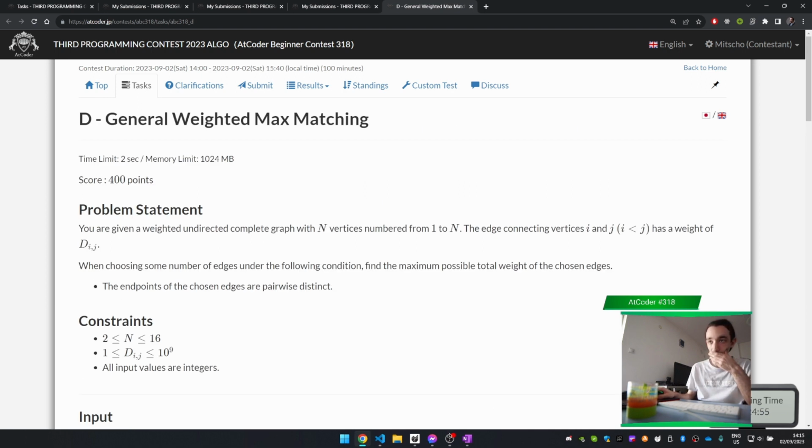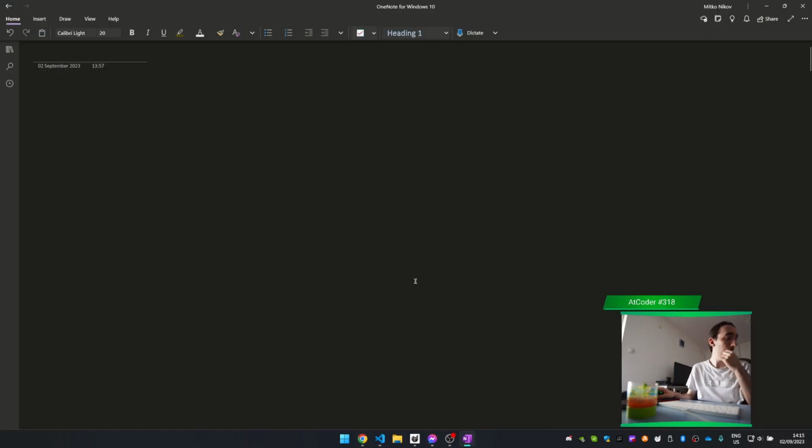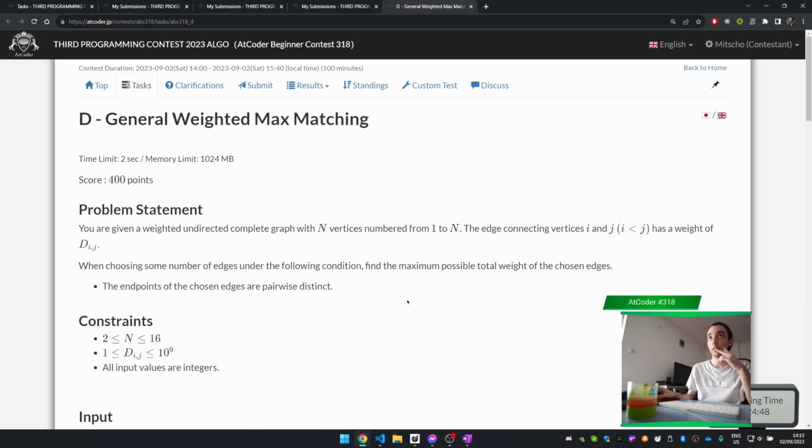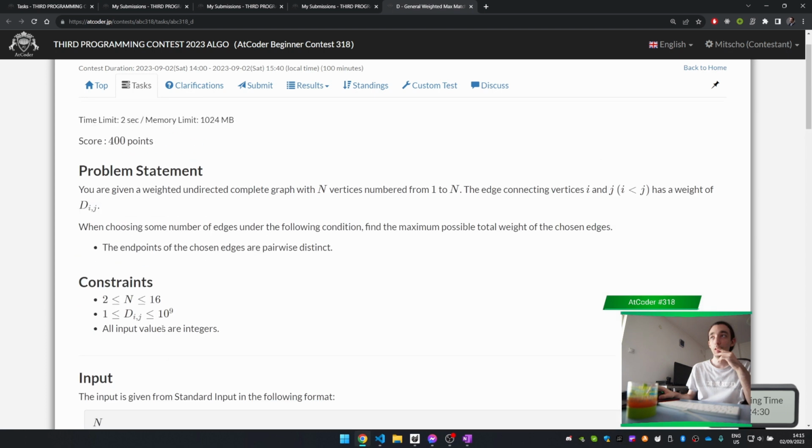Okay, so let's think about this. How do we brute force this? For each edge, you could have it either in the set or outside the set, right? But there are a lot of edges, n squared edges divided by 2 or something.